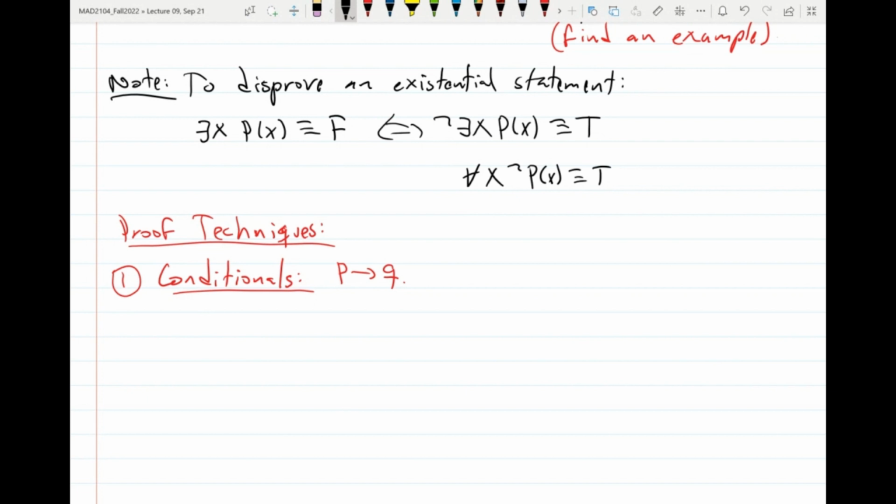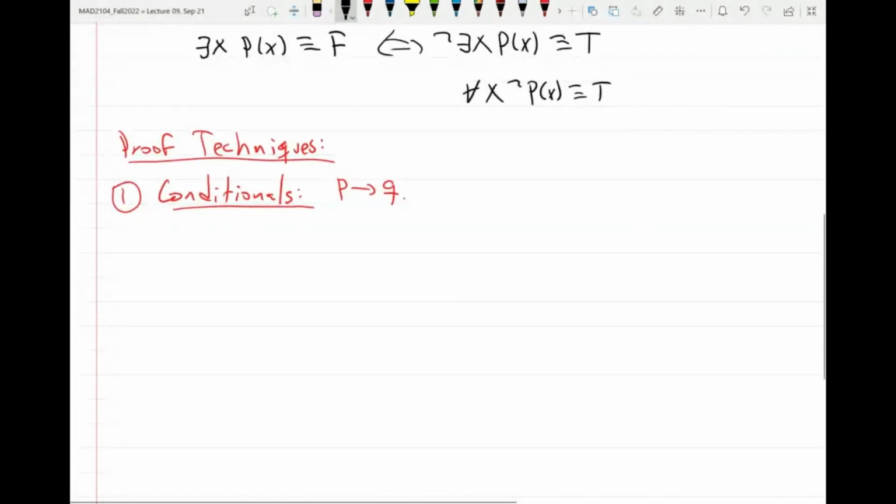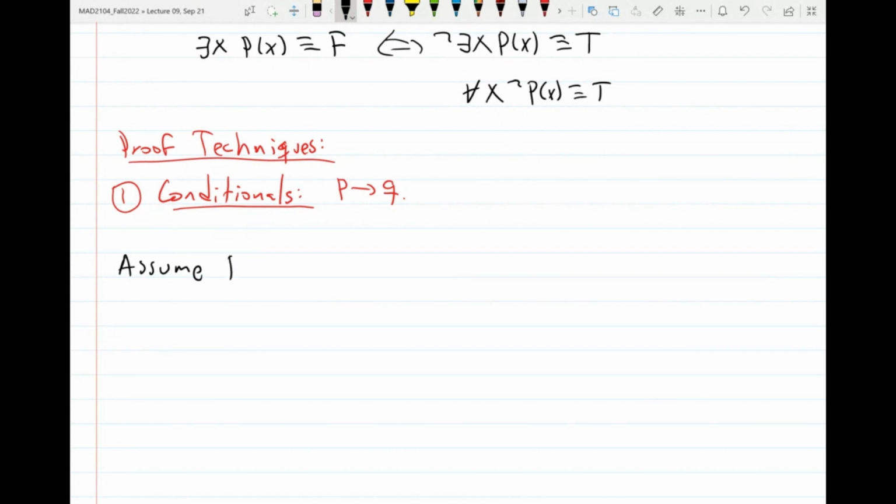You understand this? So when you have an implication, the idea is we assume P is true, and then we argue. Sometimes it's just one line, sometimes it's a full page, sometimes it's an entire book. It really depends what sort of statement you're trying to prove, okay?